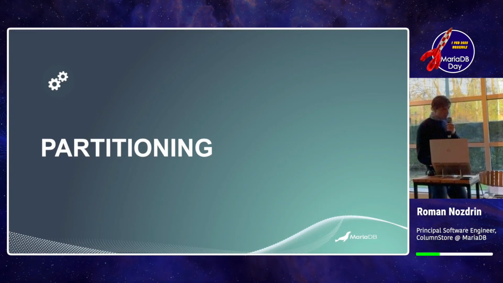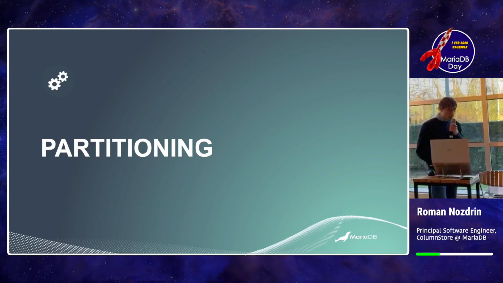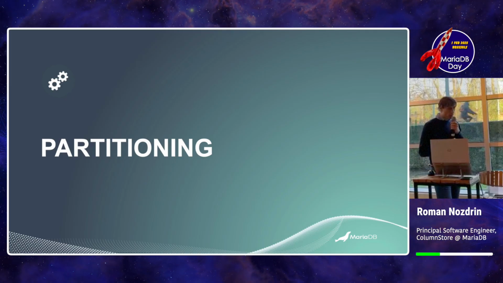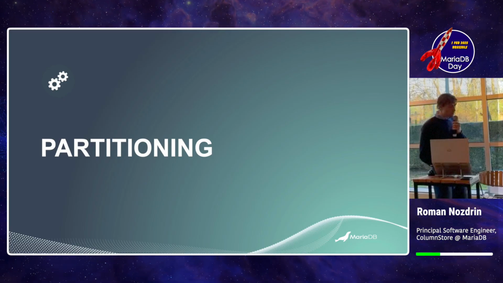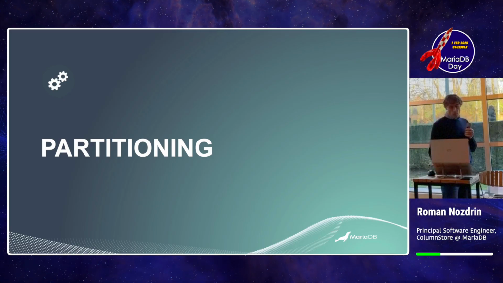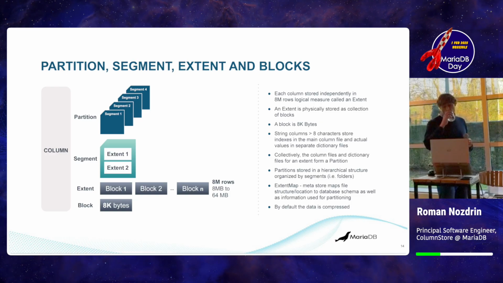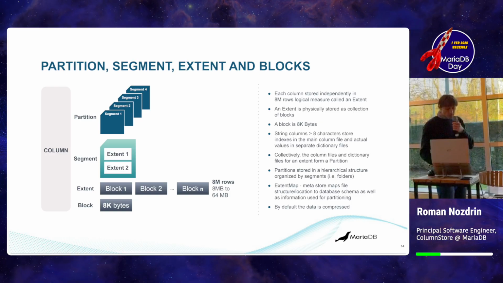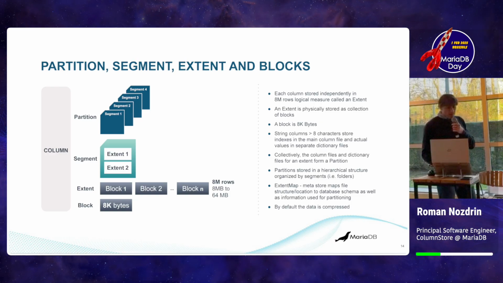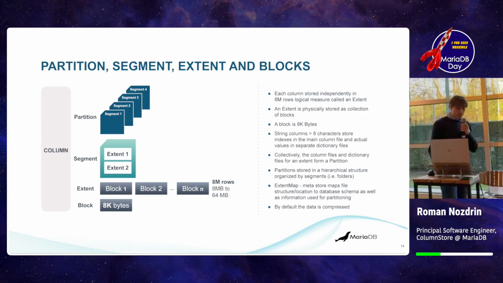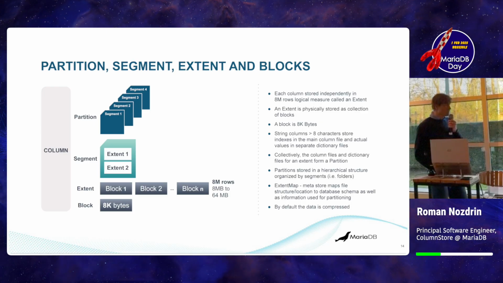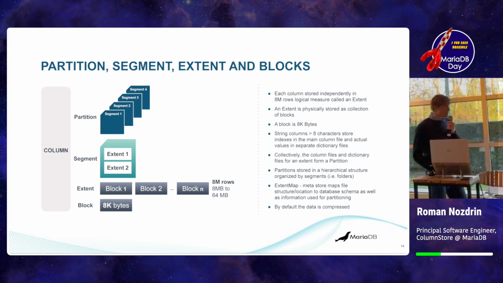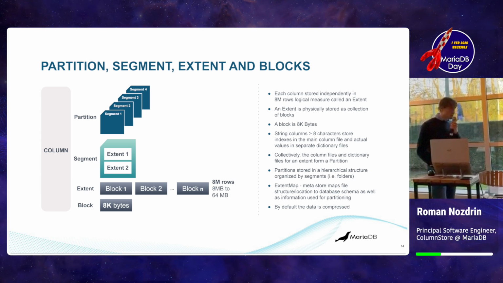The next feature that enables the software developer to manage lots of data is partitioning. And now we get to some technical stuff. Here you can see how the data storage layout is organized in Columnstore.